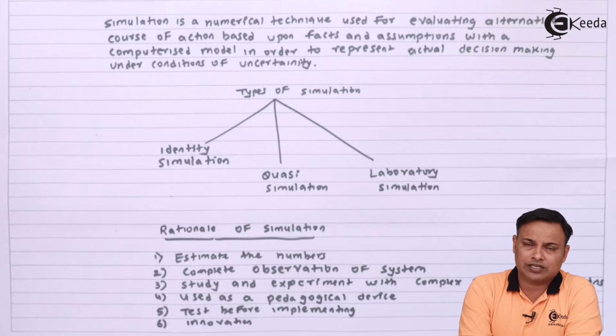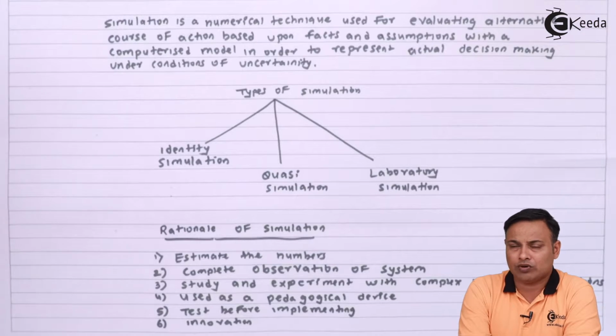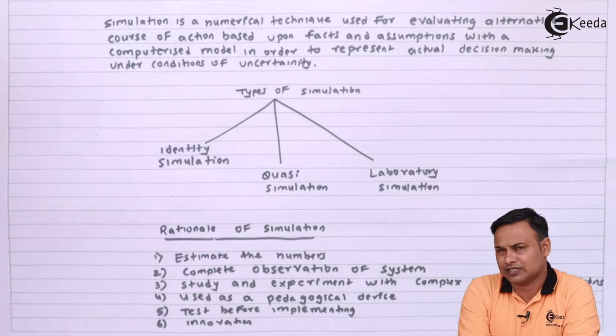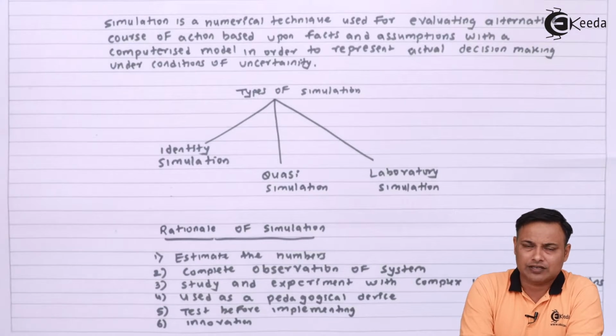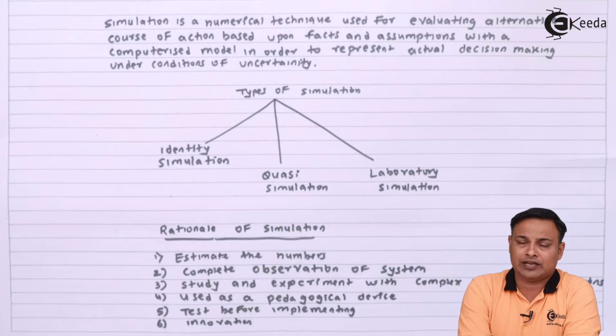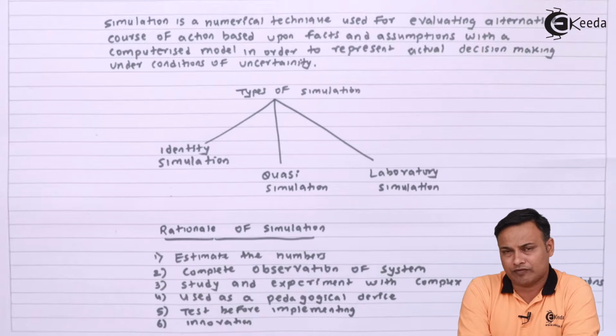Therefore, simulation is a technique used for simulating such kind of data to understand how many road accidents may take place before and after bringing certain changes, and this is where simulation is very vital. It helps the organization, it helps the management, provided they take it in a very positive frame of mind.